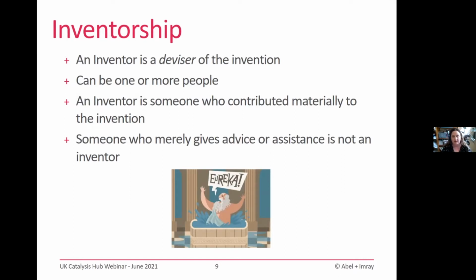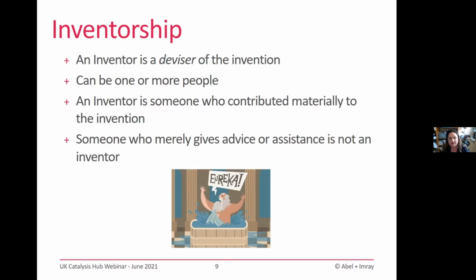So it's quite a strict requirement, naming inventors, and I like to compare it to naming authors on a research paper. For a research paper, you typically have quite a few authors, and that will be anyone who played some sort of part in that research program. People who are named as authors on a paper wouldn't necessarily be named as inventors on a patent. A person who came up with the original concept of the invention would be named as an inventor, and would also probably be named as an author on a research paper.